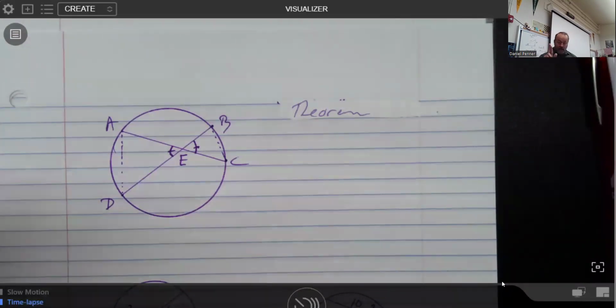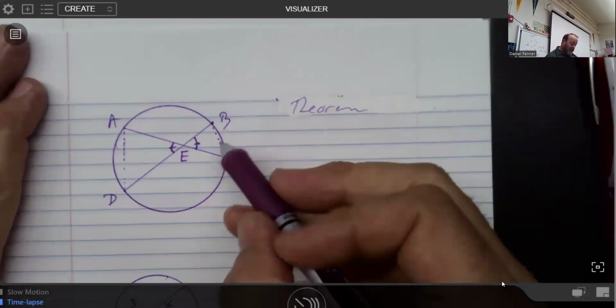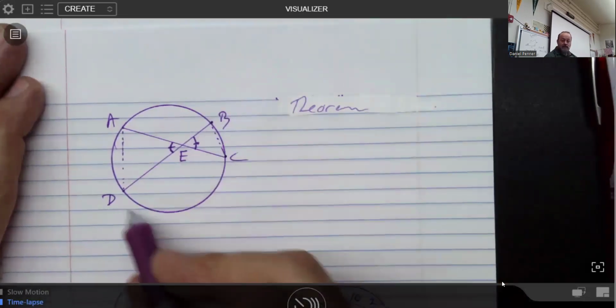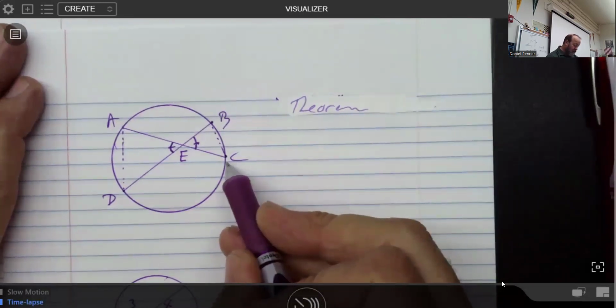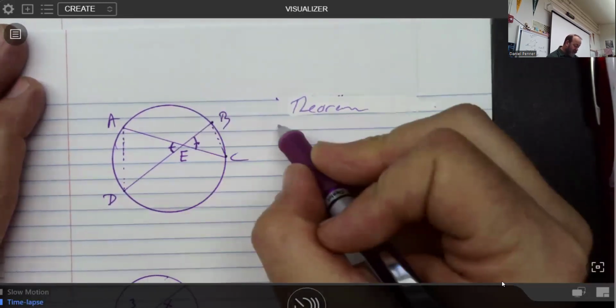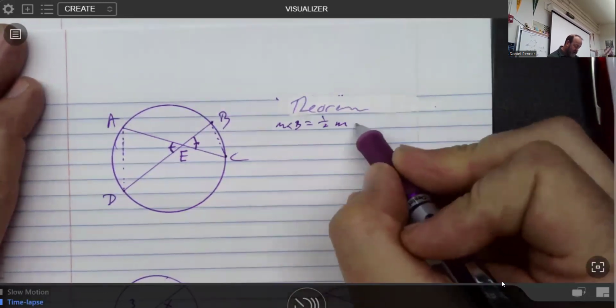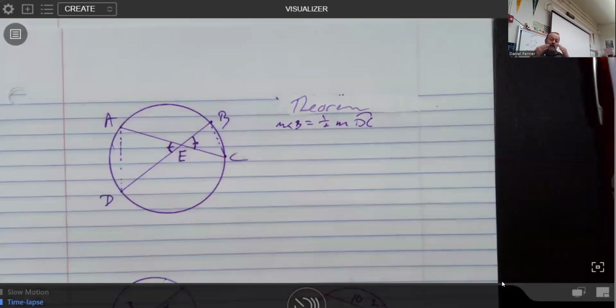Again, not being formal, but if you look at angle B right here, angle B intercepts this arc DC. So the measure of angle B is 1/2 the measure of arc DC, because remember, an intercepted angle is half of its arc.